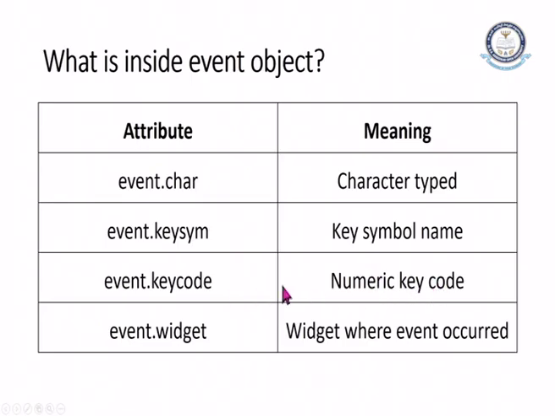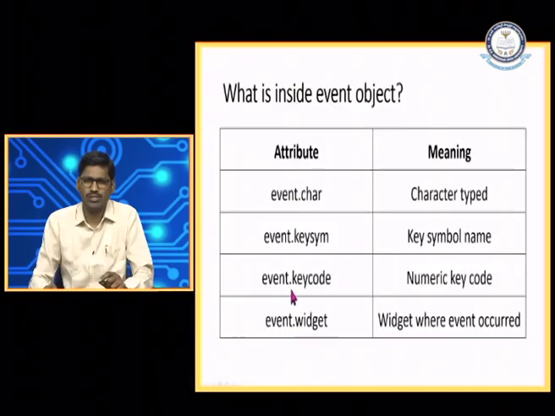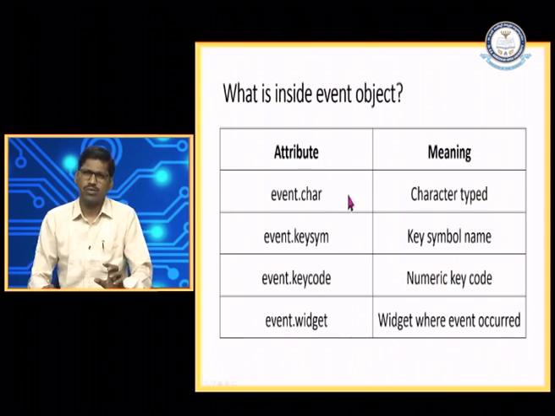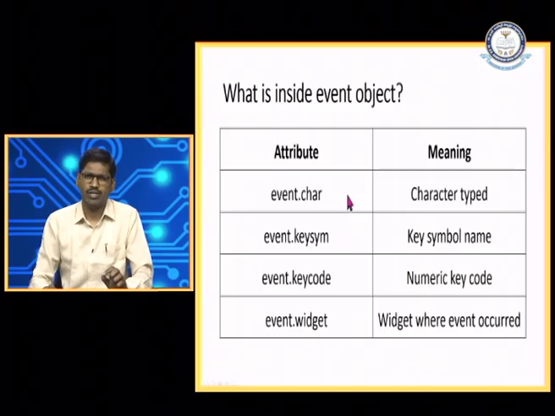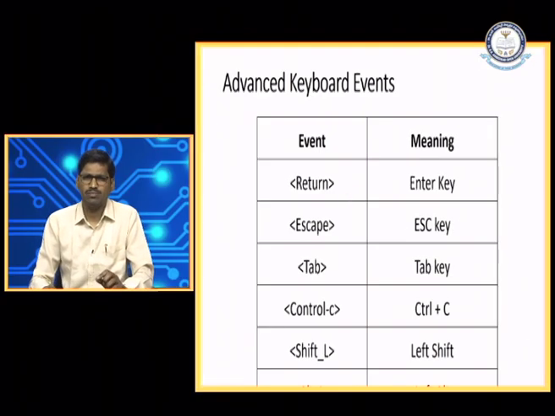Suppose you press capital A, the ASCII value is 65. So like that every key has a numerical value. If you want to know that, you can use event.keycode, and event.widget gives the widget where the event occurred. By using different attributes we can get different values.